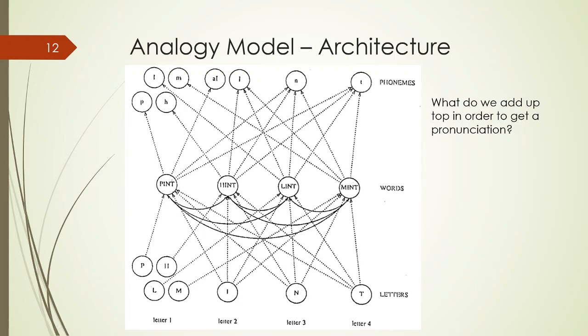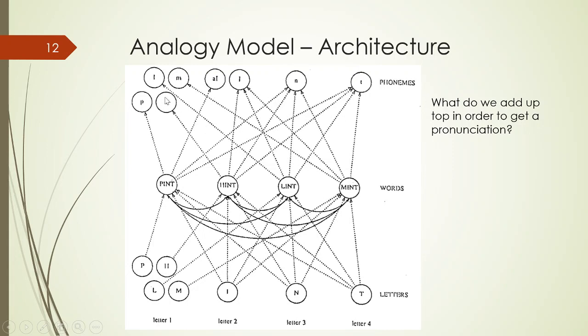And if I can return momentarily to our discussion of local versus distributed representation, which I introduced back when I gave the general talk on neural networks, what you will notice about pronunciation in this version of the analogy model is that if we think of the pronunciation as a single thing, as a single concept, it has a distributed representation in the phoneme layer.